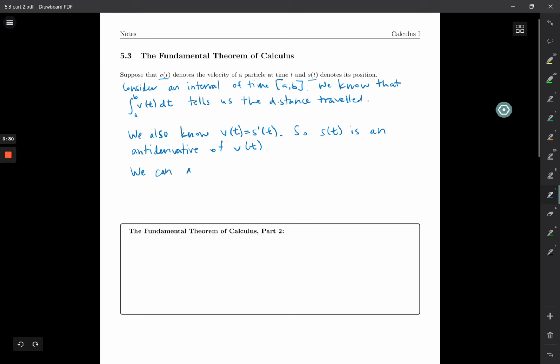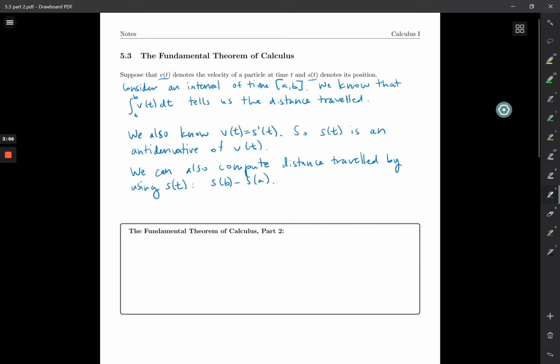So we can also compute the distance traveled by just using the position function. By using S of t, and that would be S of b minus S of a. So just evaluating at the endpoints and taking the difference, right?